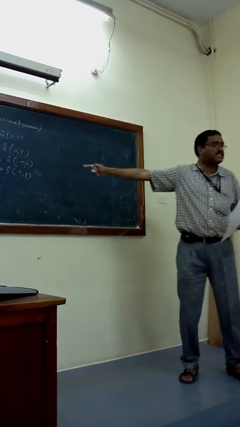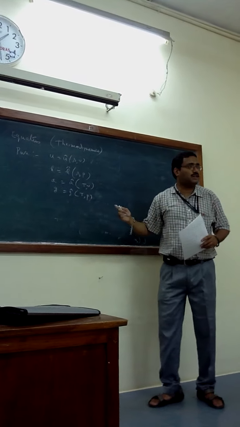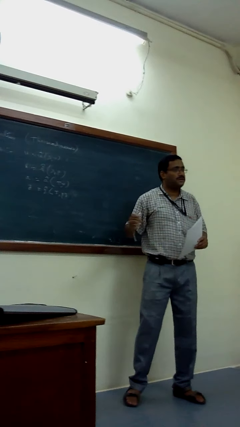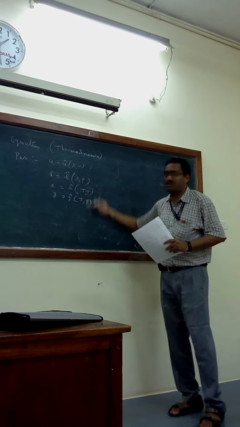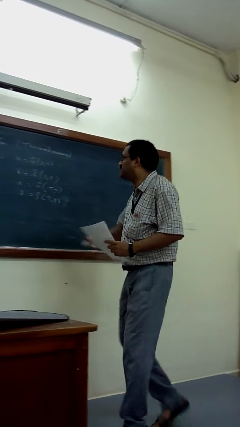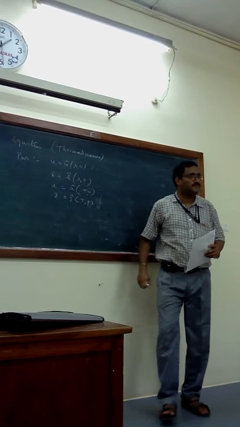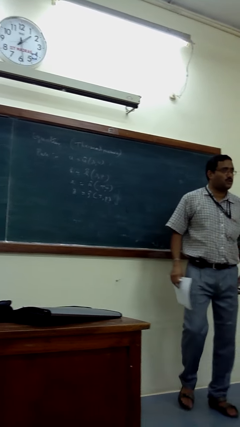Here only one equation is independent, and this can be obtained from Legendre transformation. Or you can say any one of these can be an independent equation, not all. So in thermodynamics, equations means these equations, based on the combined first and second law of thermodynamics, what we have learned.